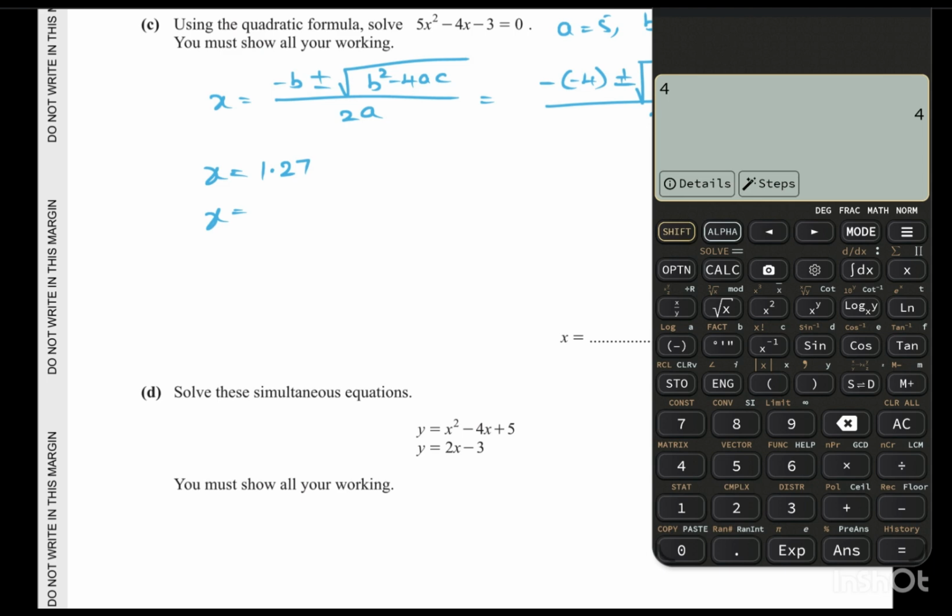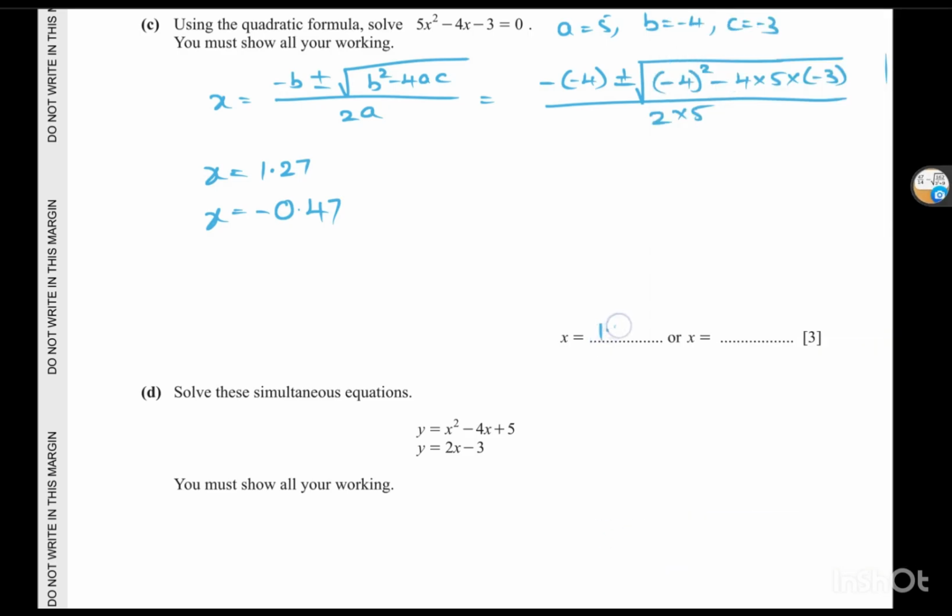Then when we put the negative value here, if we take 4 minus square root of negative 4 whole square minus 4ac, 4 into 5 into minus 3 by 2a, is equal to minus 0.471, minus 0.47.